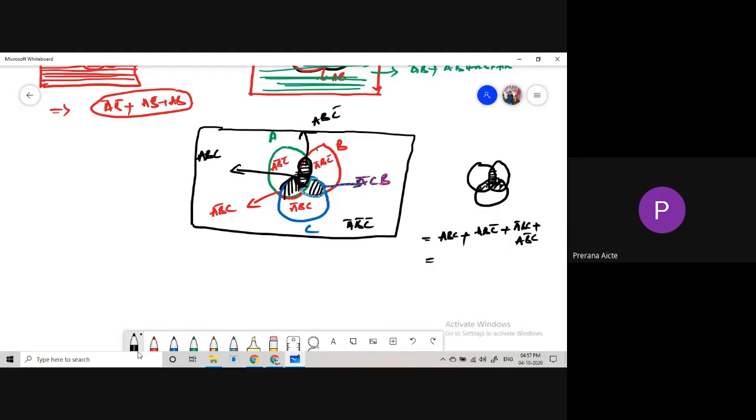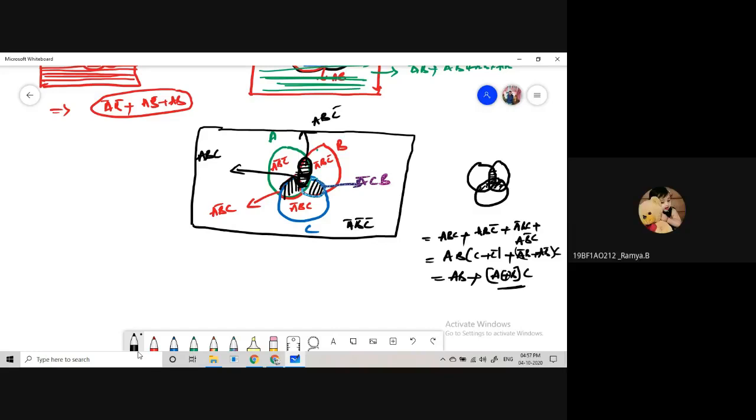Taking AB into C plus C bar, plus A bar B plus A B bar into C, that is equal to AB plus A XOR B into C.